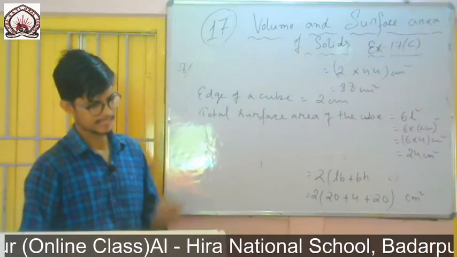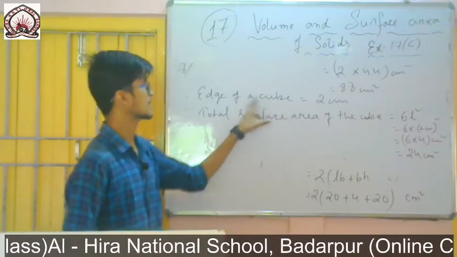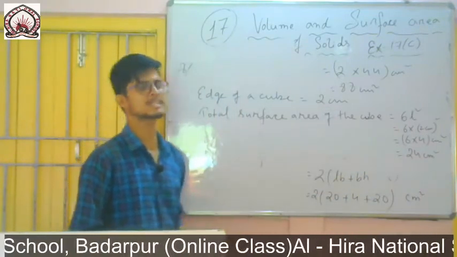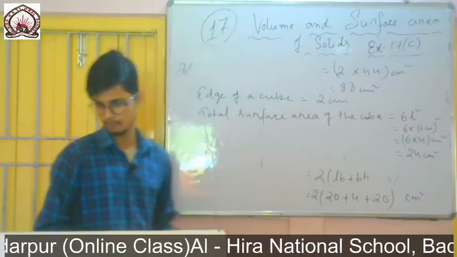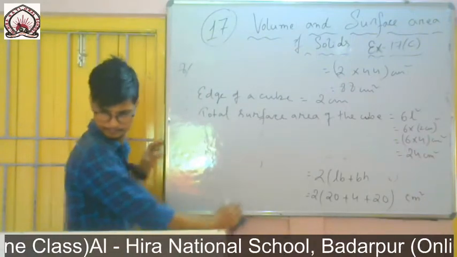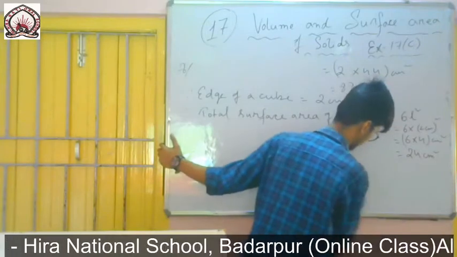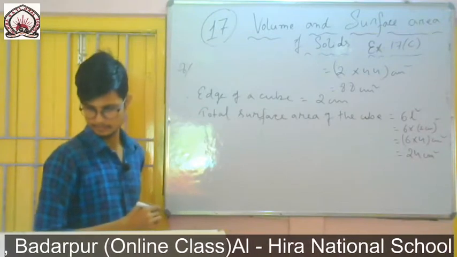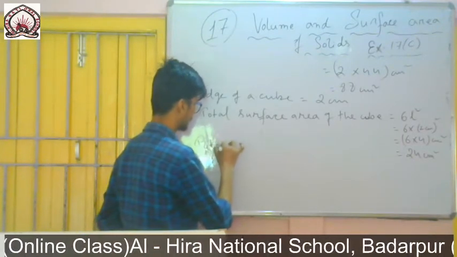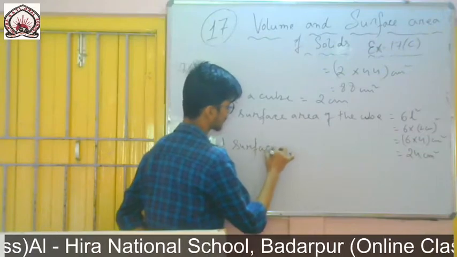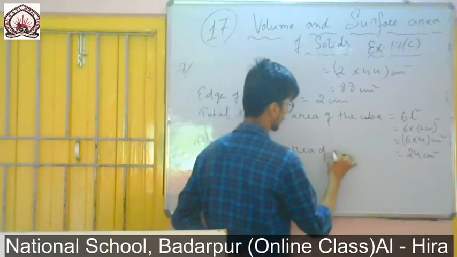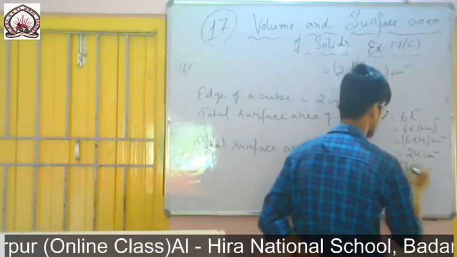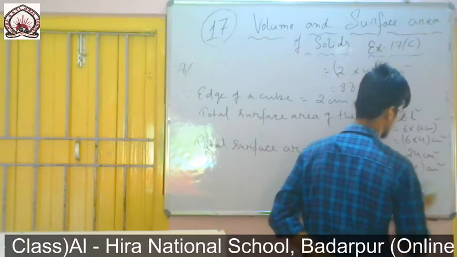But the question, you see, it is divided into 5 cubes, not a single cube. Here we have found it for a single cube, it is 24, so for the 5 cubes, the total surface area will be 5 into 24 centimeter square.